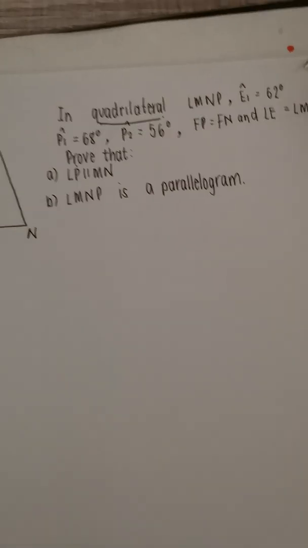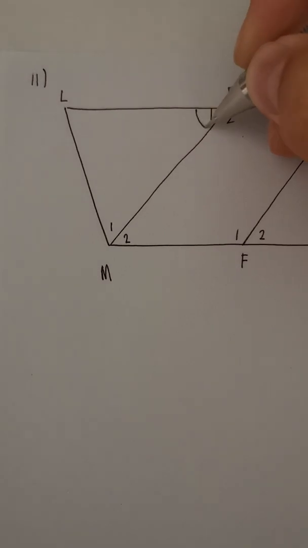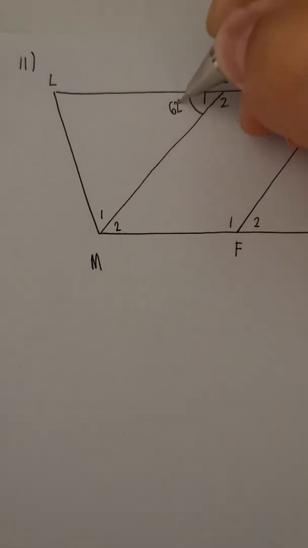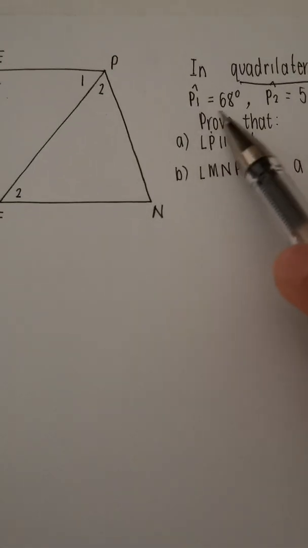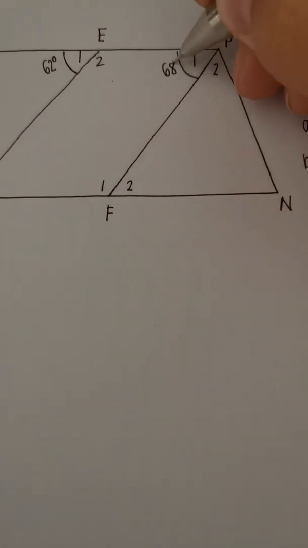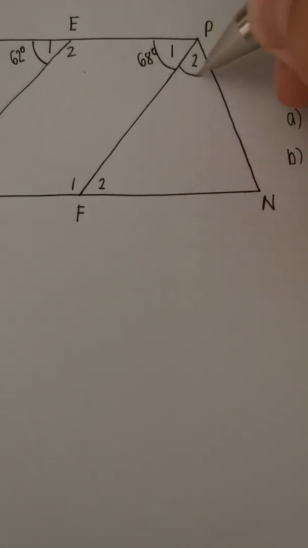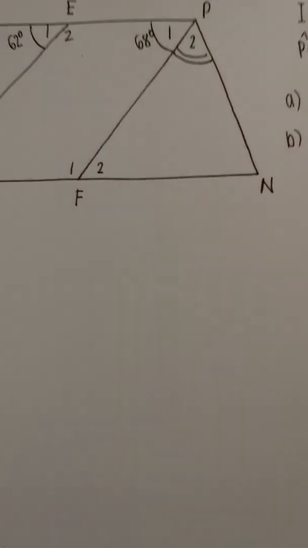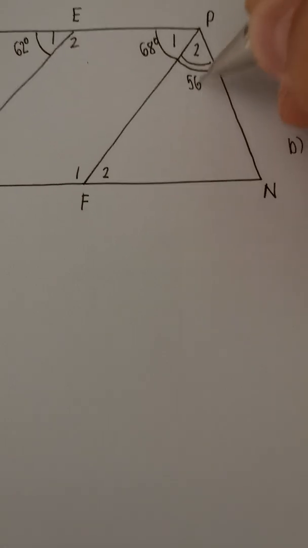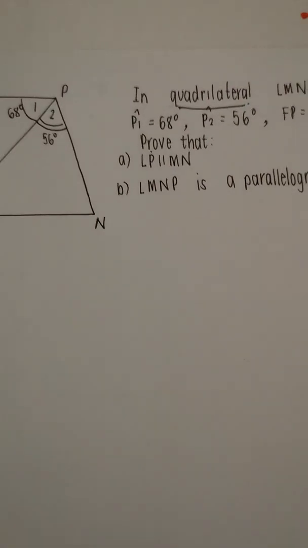It says E1 equals 62 degrees. Let's fill that in. This part here, 62 degrees. P1 equals 68 degrees. Okay, P2 equals 56 degrees, so this part. And FP equals FN. Okay, let's color code that.